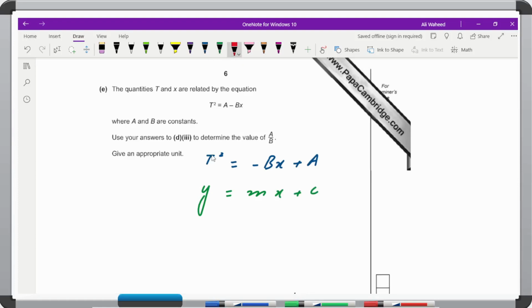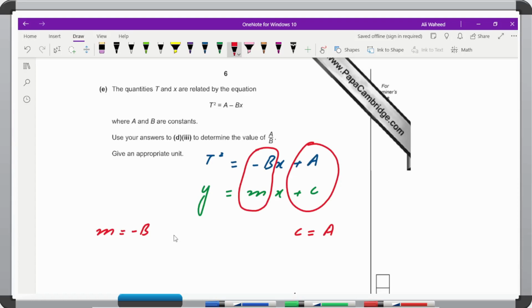Now t square corresponds to y, and x, once again on x-axis we had the distance, so the gradient of your graph corresponds to minus b. Whatever the value of gradient was, that equals minus b, and whatever the value of y-intercept was, that equals a.